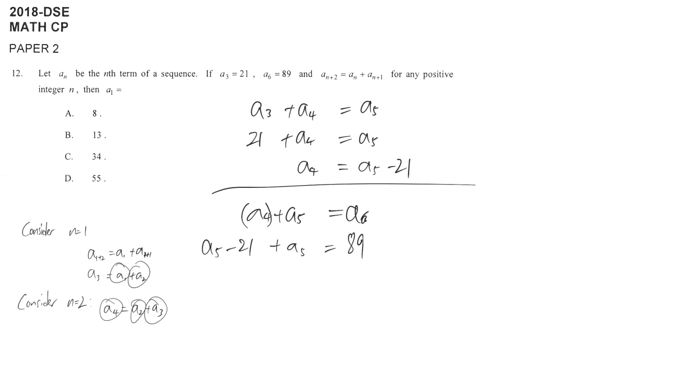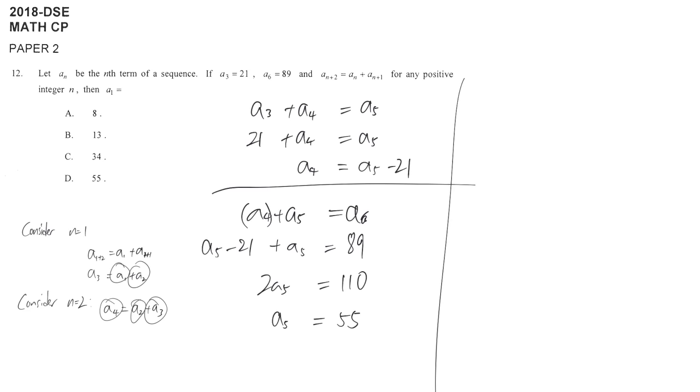So we successfully connect a3 to a6, and I use both 21 and 89 together. If you look at this equation, only a5 is left, so we can find out what a5 is. So 2a5 is equal to 89 plus 21, which is 110. a5 is 55.